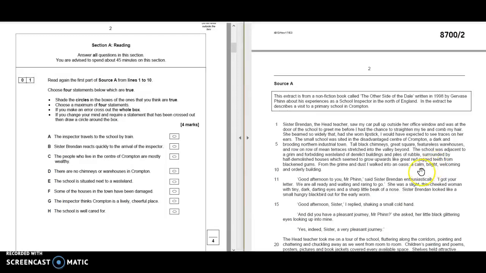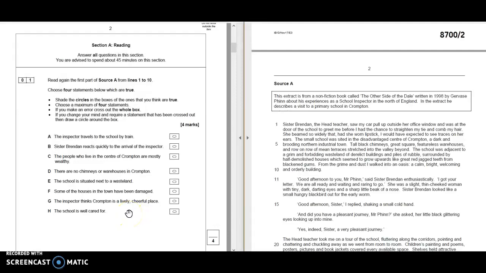So what it does say is that the houses seem to grow upwards like great red jagged teeth from blackened gums, and here it says from the grime and dust, etc. So from that we can infer that the inspector really doesn't think this is a very nice place. You're not going to describe something as like blackened gums and covered in grime and dust if you think it's a lively and cheerful place. So this one I think is where a student might not be that sure of their answer, okay? But this one again is false.